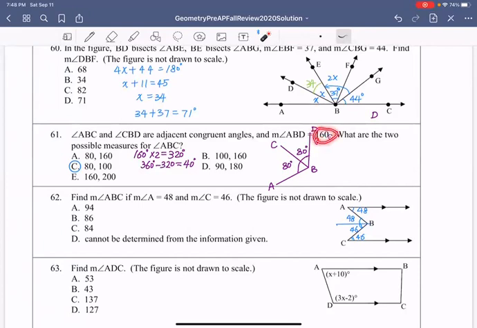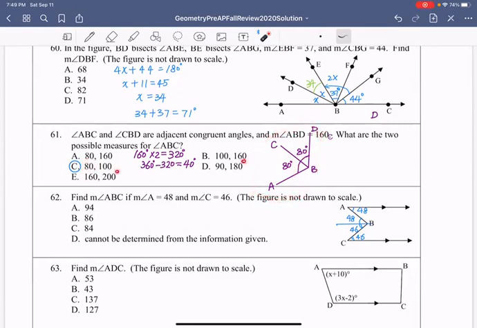So if I want to draw it, I draw this. 80, 80. Because ABC and CBD total 160, and these two are adjacent and congruent, these two pieces are equal, so this is 80, 80. So ABC is 80, right?